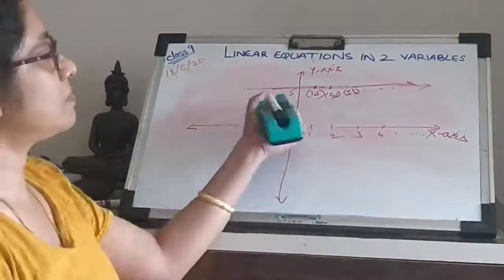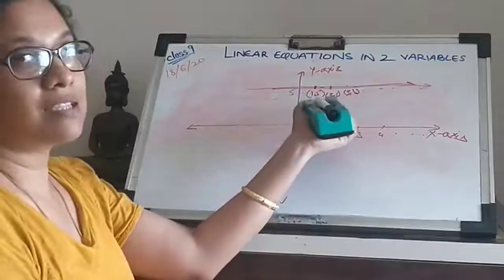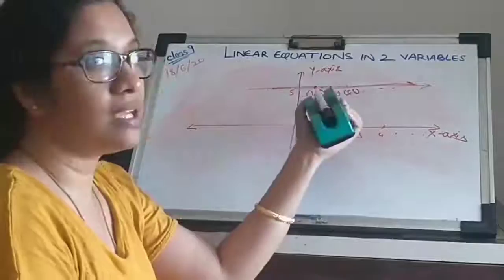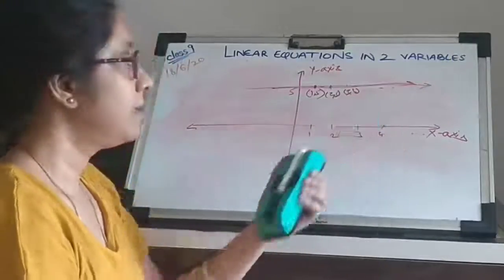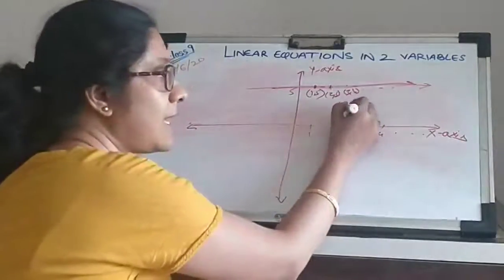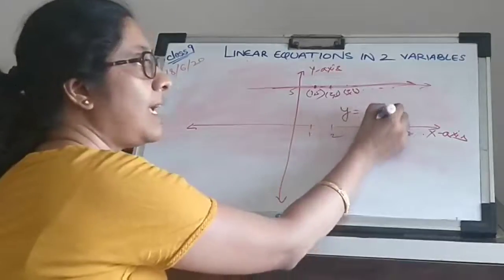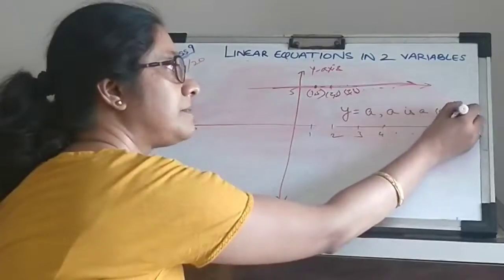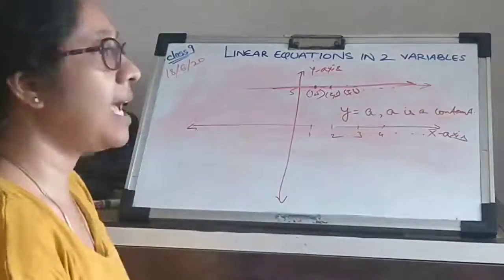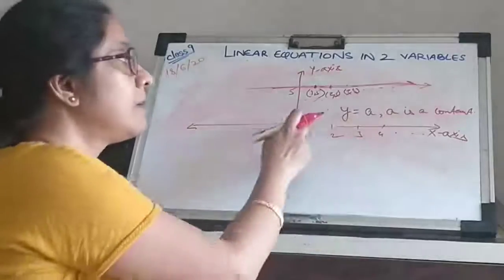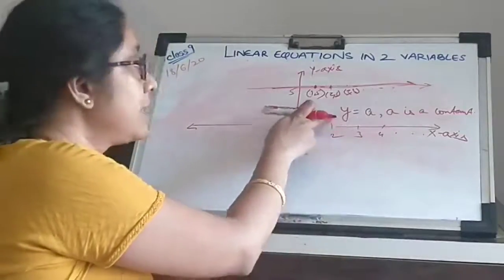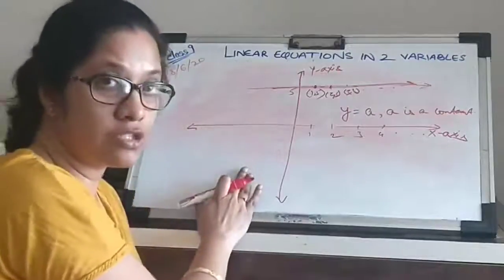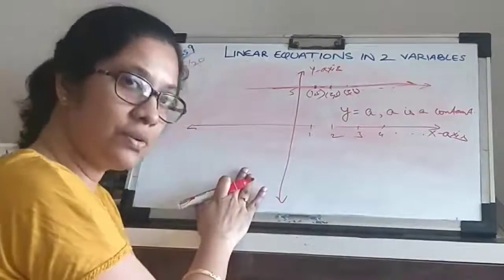So what do we observe here? 5 remains constant. That means the y-coordinate always remains the same. So we can say y equal to a, where a is a constant, and therefore y equal to a represents any line which is parallel to the x-axis.